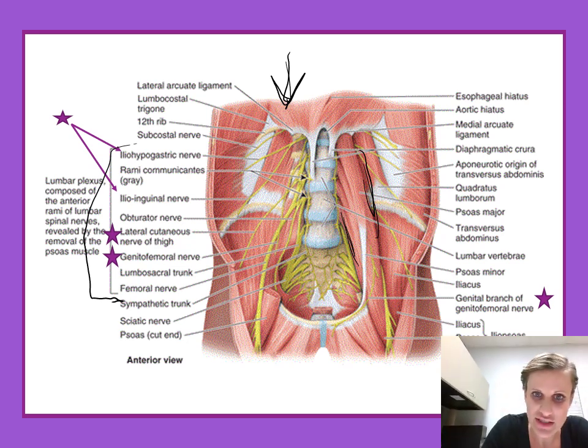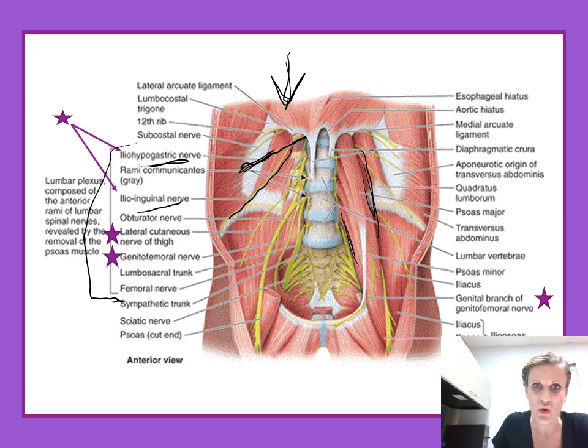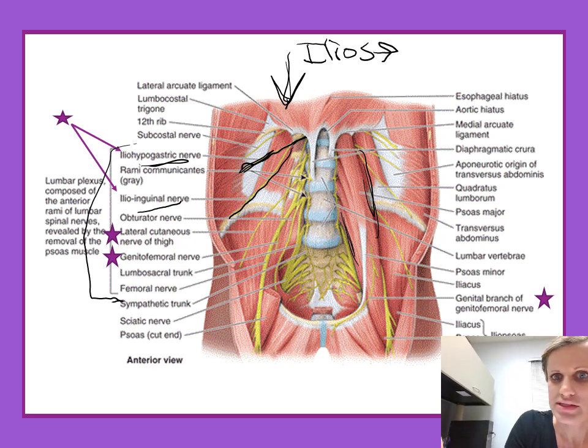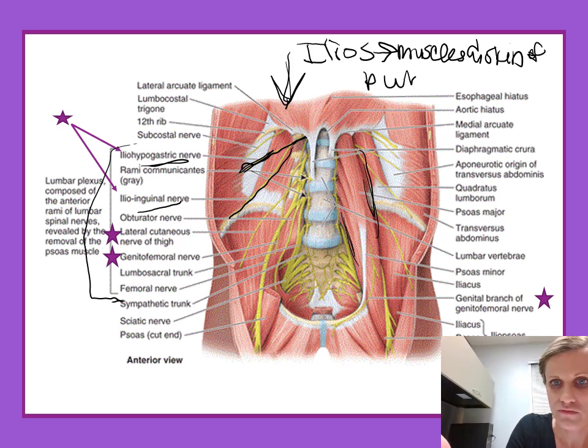If you start at the very top, right here, this branches, and the iliohypogastric is up top. The ilioinguinal is on the bottom. Both of the ilio nerves supply the muscles and skin of the pubic and inguinal regions.